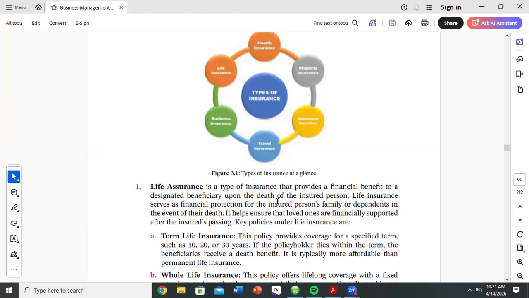That is why some people don't like this type of insurance, because when people get to know that when you die they will benefit, they will kill you. Have you heard of such stories? Yes, people have killed people because of insurance. I think it happens more in European countries.